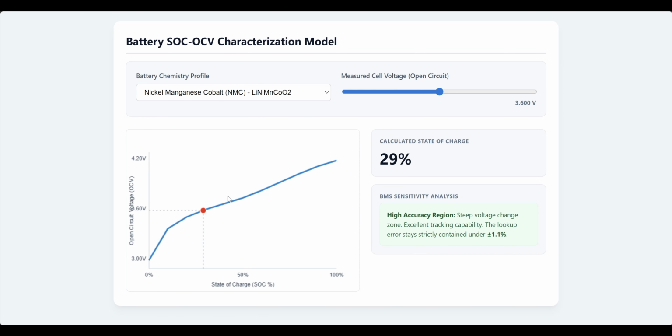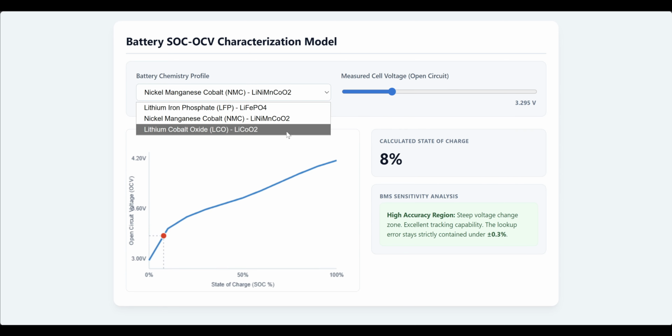So suppose I choose a different type of chemistry and again scan the voltage, then you will be able to see that the accuracy of the SOC is almost highly accurate in this chemistry. So you will not have any issue in this particular type of cell chemistry when you try to take the voltage for estimation.